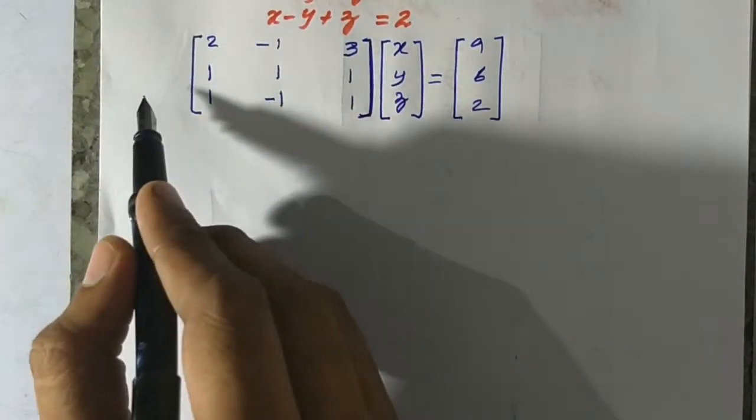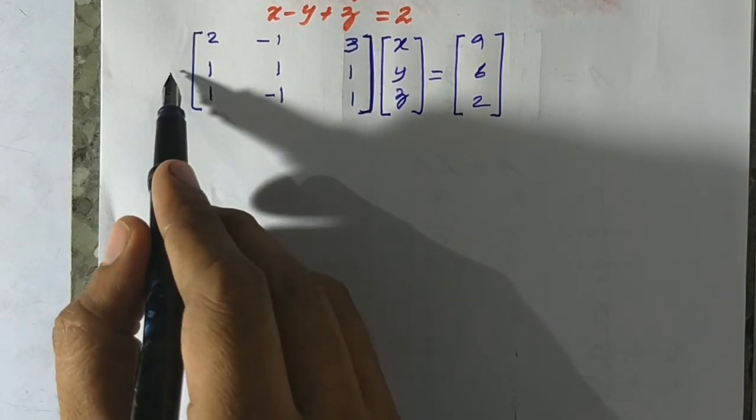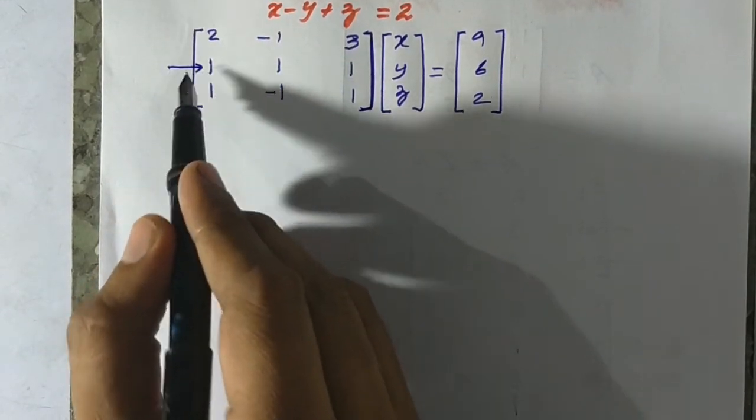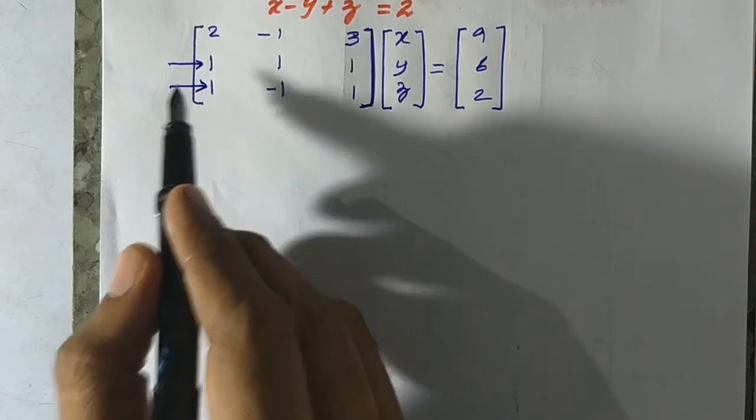Then by elementary row transformation we make these two elements 0.